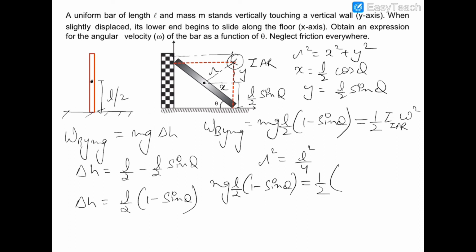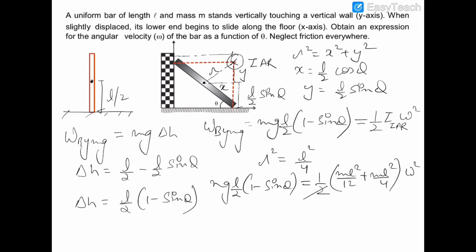Now the moment of inertia of the rod about its center of mass is ml square by 12, plus m r square about this axis. So r square is L square by 4. So this will be ml square by 12 plus m L square by 4, into omega square.